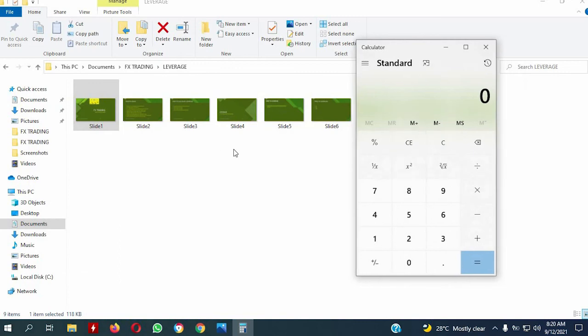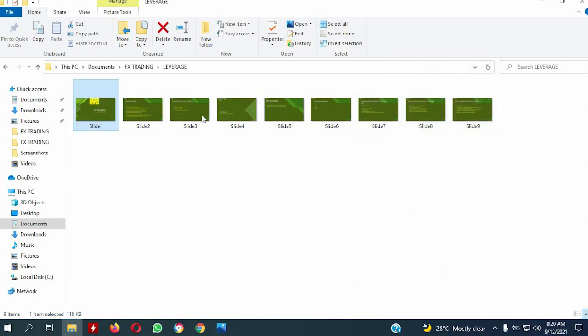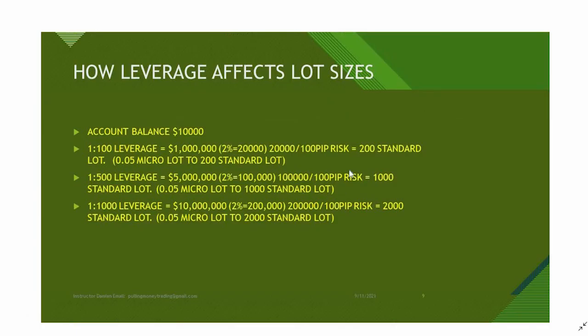Let me just recalculate something. Right, so using a 1 to 500 leverage, you have an account balance of 5 million. 2% of the 5 million is 100,000.